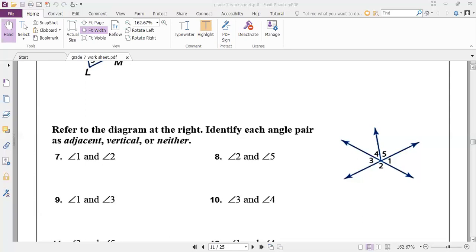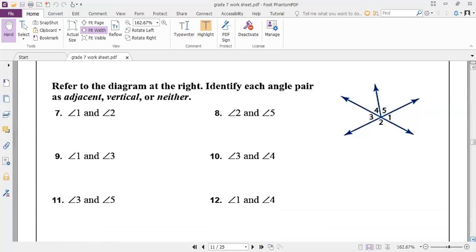If I go to the next example, I have angle 1 and angle 3. We can say that angle 1 and angle 3 are vertically opposite angles. Why?